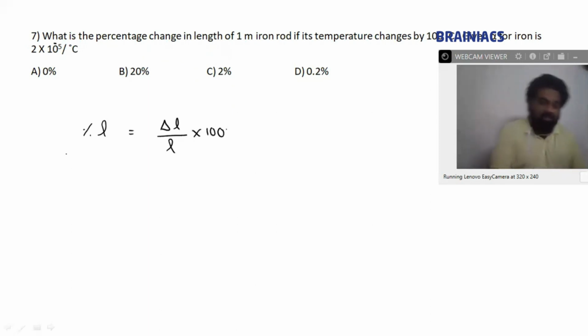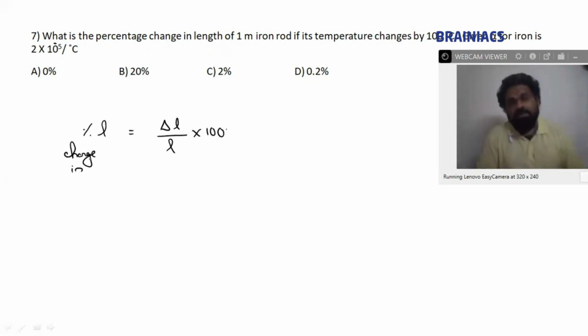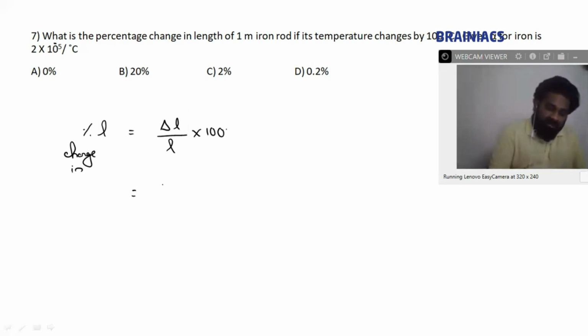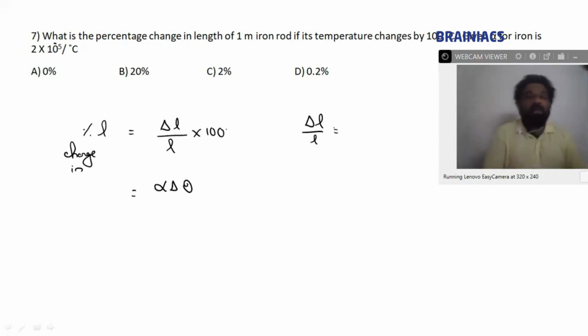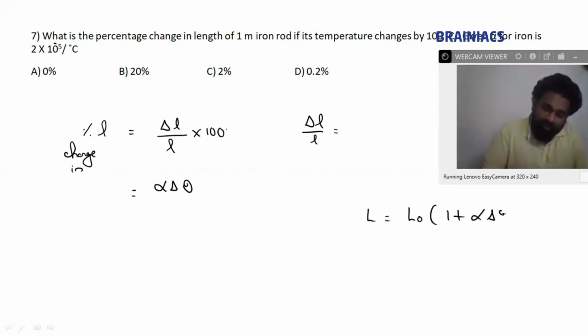Percentage change in length is nothing but change in length divided by original length into 100. So what is the change in length? Based on alpha, delta theta and all, change in length is L naught alpha delta theta. That is thermal strain. L is equal to L naught into 1 plus alpha delta theta.